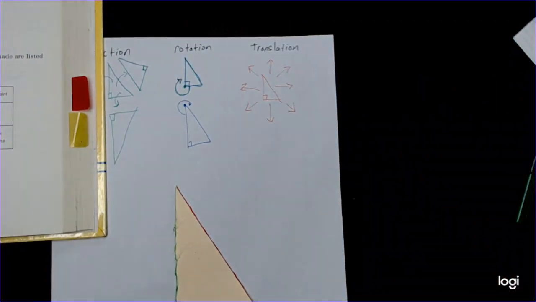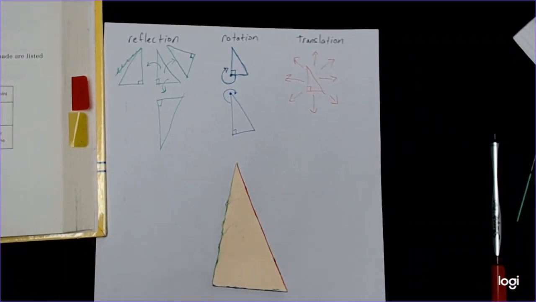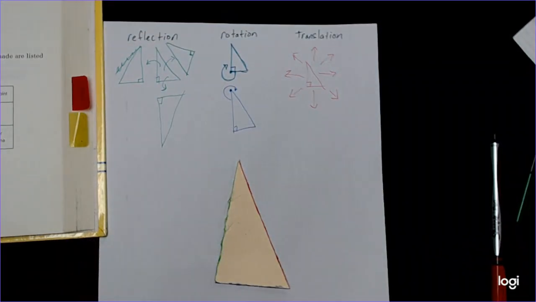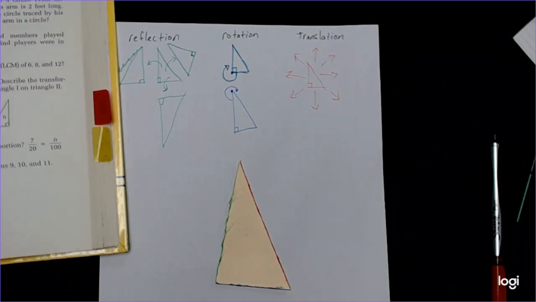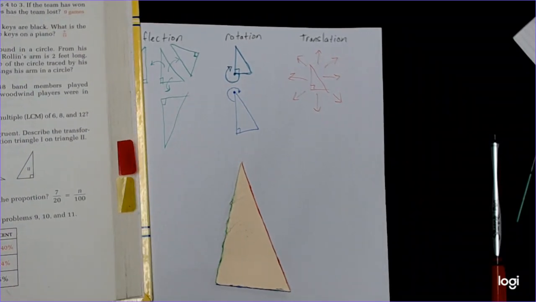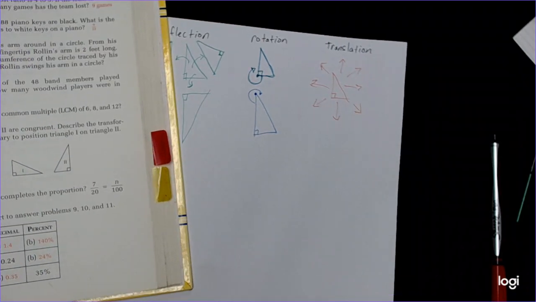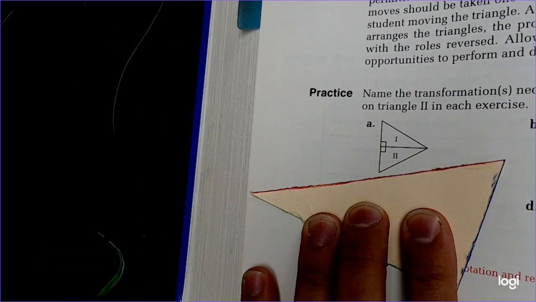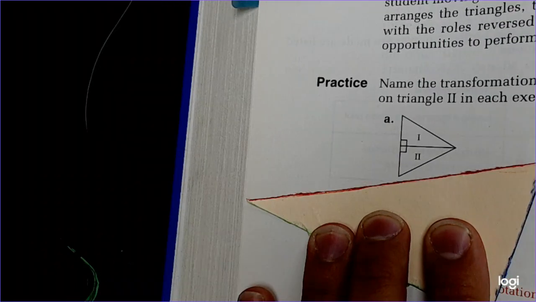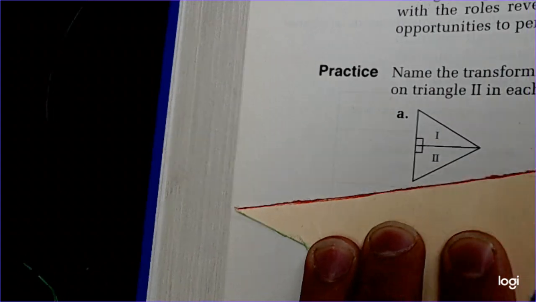Now what we're going to be doing on our work is looking at two shapes and figuring out which of these motions were used to move the shapes. I have to try to cover up these answers. We'll use this example problem right here.